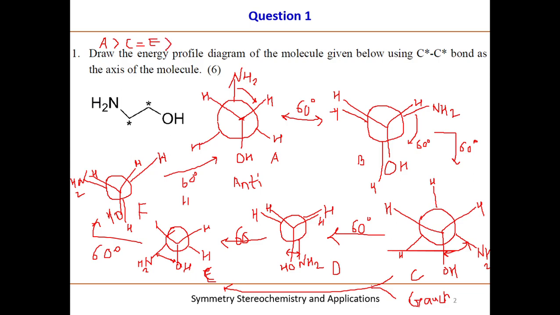Then the eclipsed forms. Which eclipsed form will be more stable? B and F. B and F are the same, and D has high energy. B equals F, and the least stable one is D. Okay. Now remember this one. Now I am going to draw the energy profile diagram.